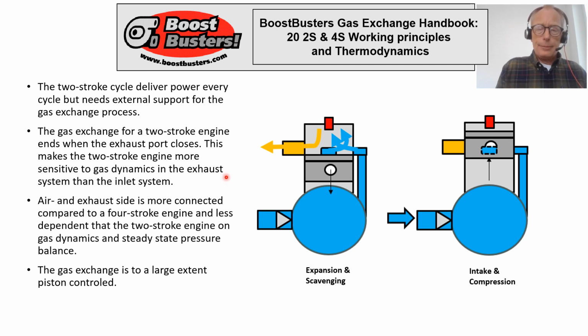In the two-stroke engine, the gas exchange process ends when the exhaust port closes. That's why the gas exchange volumetric efficiency is strongly impacted by what is happening with the gas dynamics on the exhaust side in the two-stroke engine, and not so much on the air side.